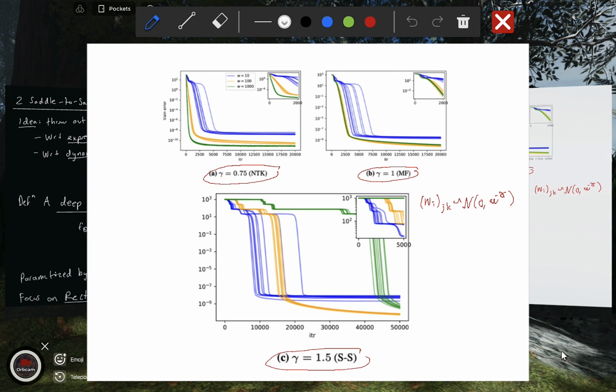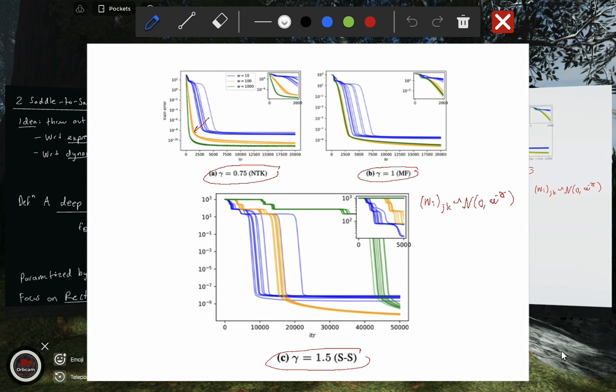It turns out that for gamma smaller than 1, we're in the neural tangent kernel regime. We'll come back to this in a second, but you can see that because what we're looking at within each graph are different choices of W. As we increase the width, the dynamics become more and more regular, more and more exponential.